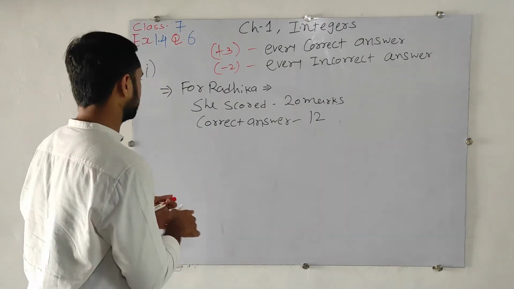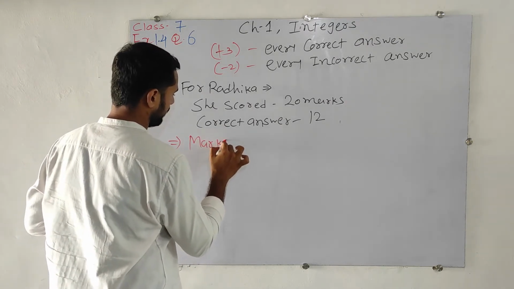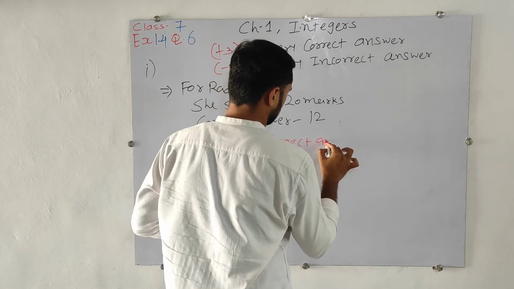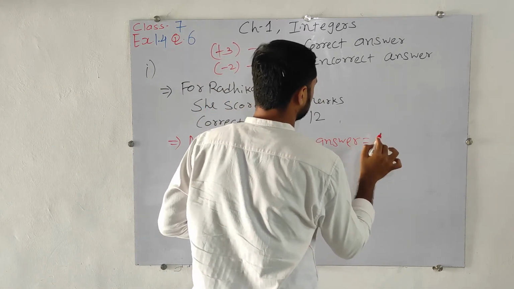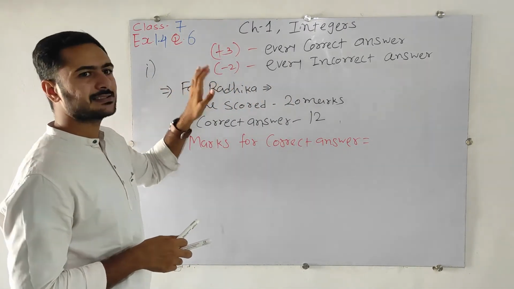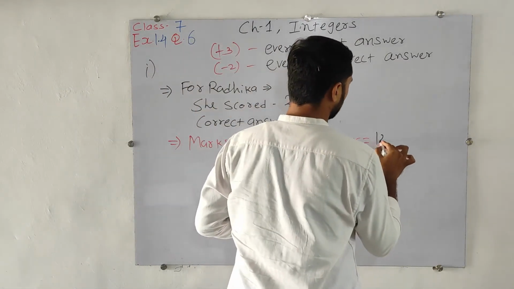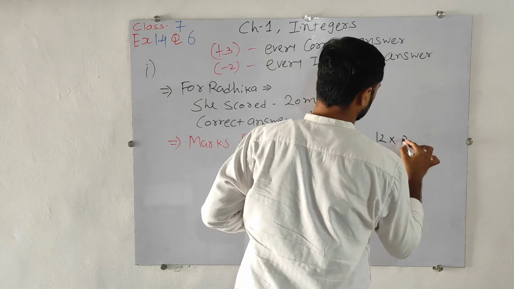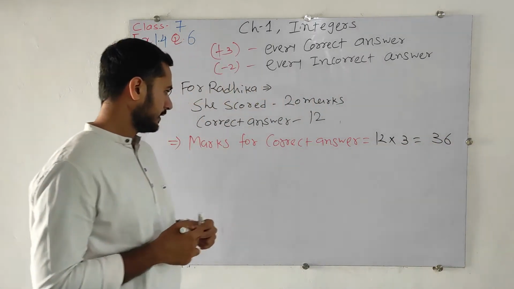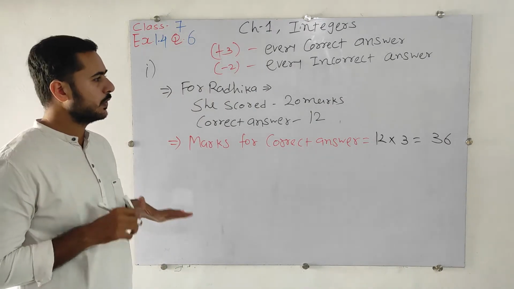So the marks for correct answer is equal to, for each and every correct answer she will get plus 3 marks. So here the total 12 correct answers, it means 12 multiplied by plus 3, so that is 36. Okay, so she scored 36 marks for the correct answers.